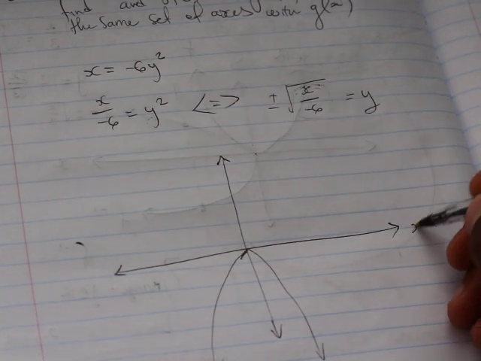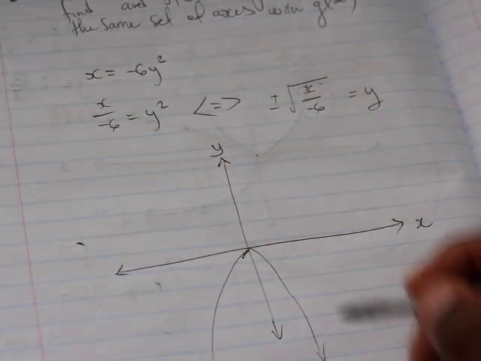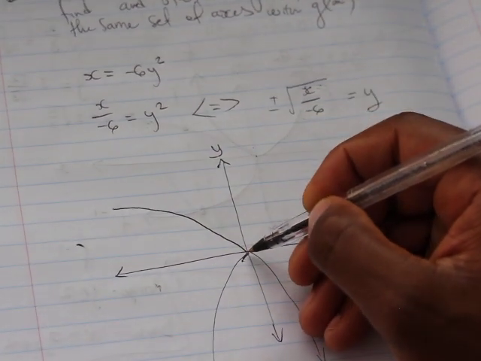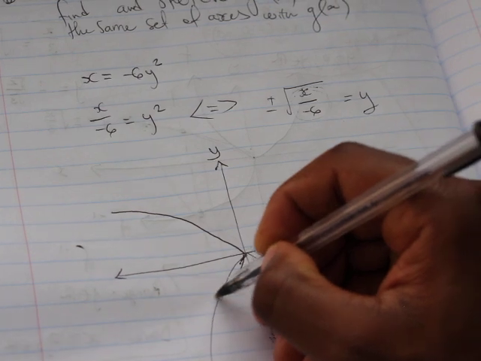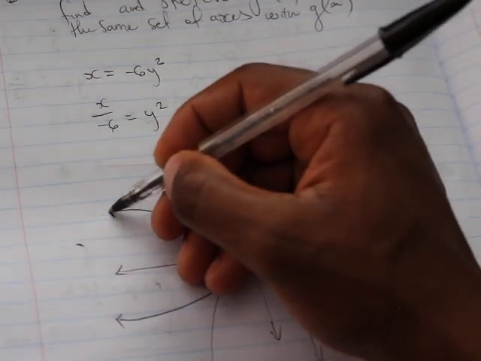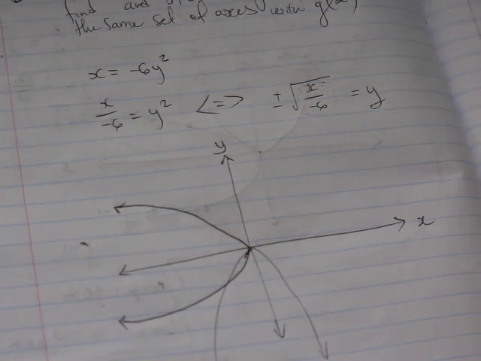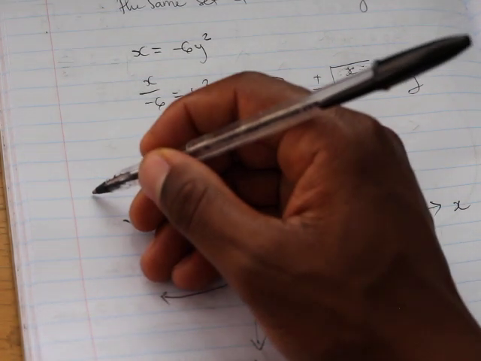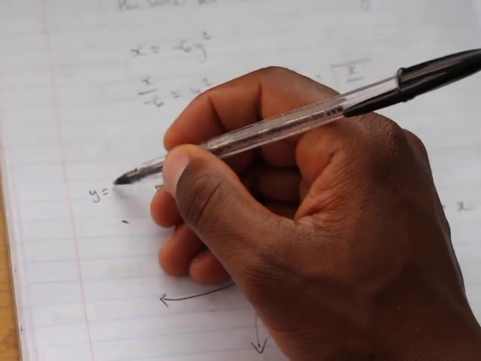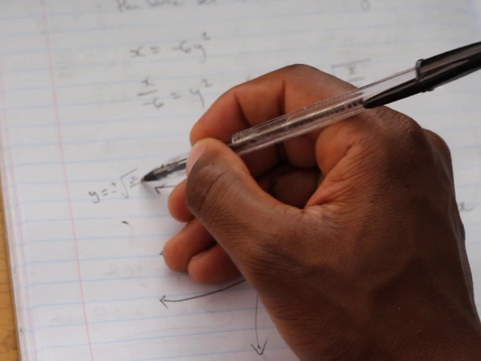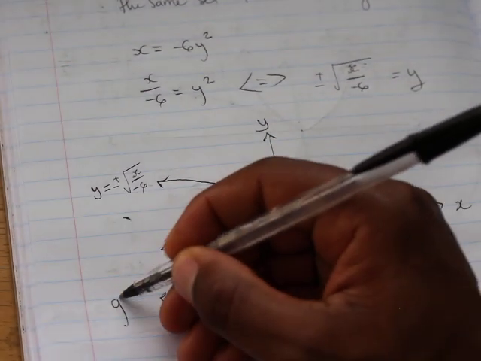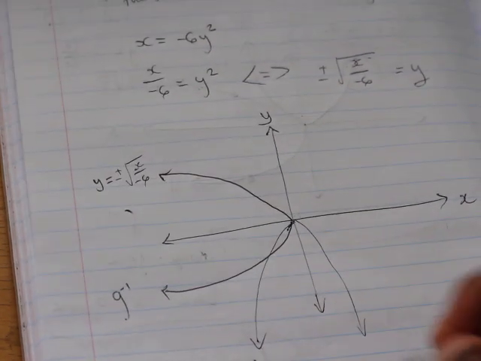This is x, this is y. So our function is going to be like this. I hope it's going to be smooth this time around. And there we go, beautiful, isn't it? Now we know this is y is equal to plus minus the square root of x over minus 6, and this is g inverse, and this is g.